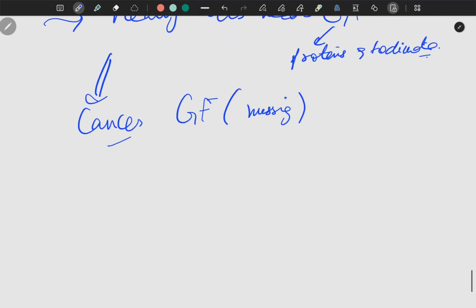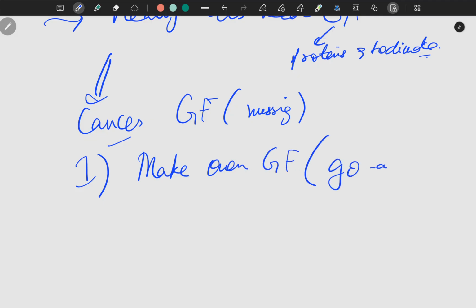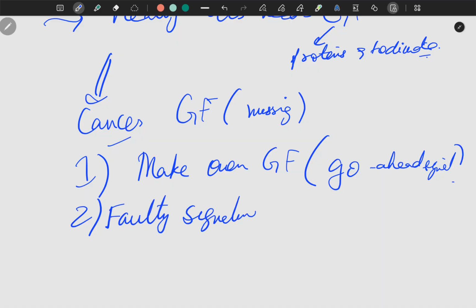There is a hypothesis, they're not sure, but what may happen is they make their own growth factors, which gives a permanent go-ahead signal. Also, they have a faulty signaling pathway, which tells them growth factor is present even if it is not there.